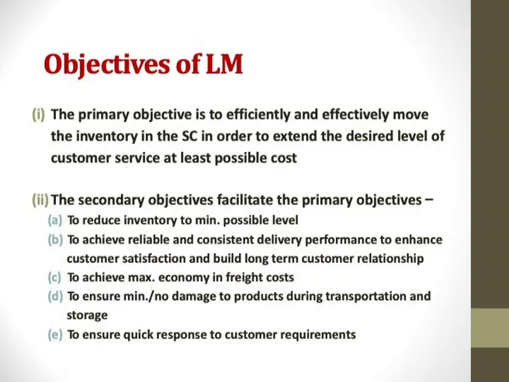All the logistics activities aim to deliver performance that satisfies the customers. To achieve maximum economy in freight costs. Now, cost cutting is one major objective of logistics management, hence cutting the transportation cost, freight cost is required. To ensure minimum or no damage to products during transportation and storage. To ensure quick response to customer requirements.